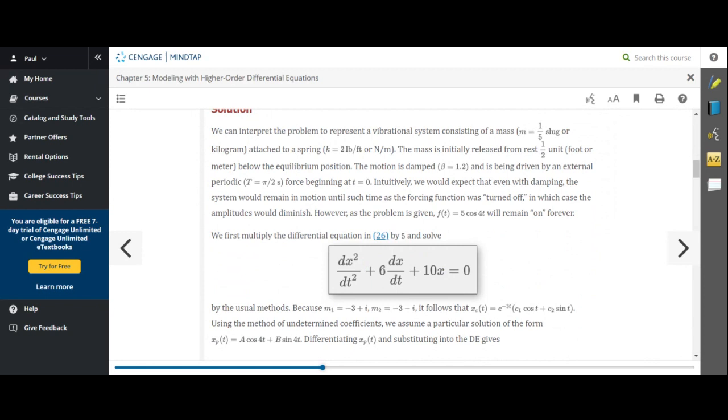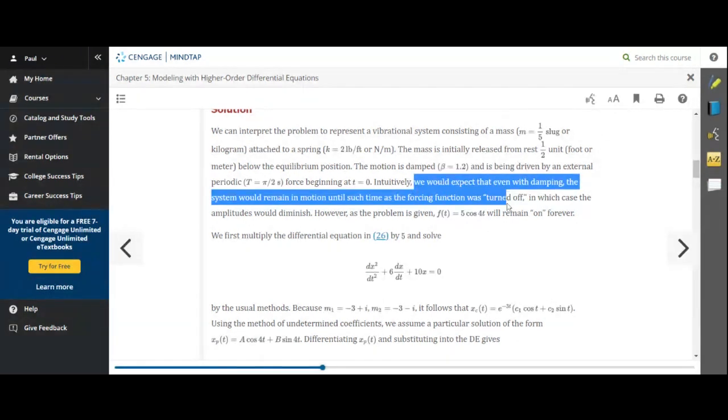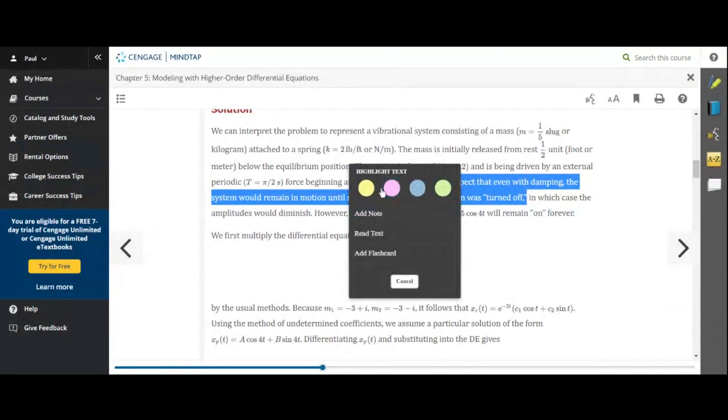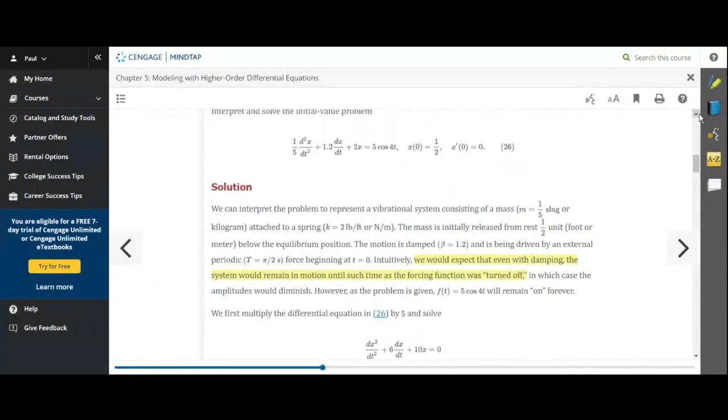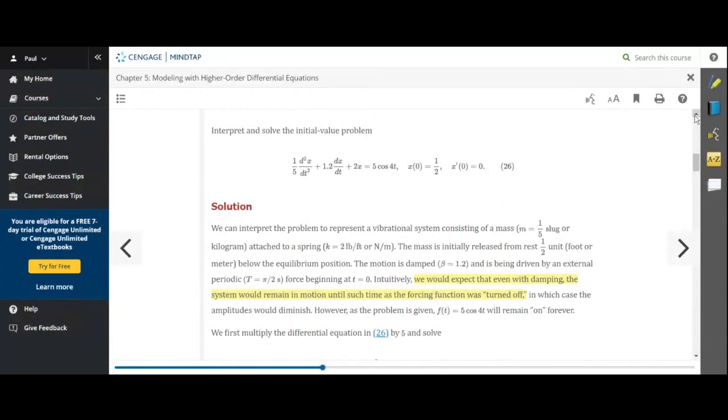So they say here that intuitively we would expect that even with damping, the system will remain in motion until such time as the forcing function is turned off. So this forcing function, 5 times the cosine of 4t, is on all the time in the differential equation.